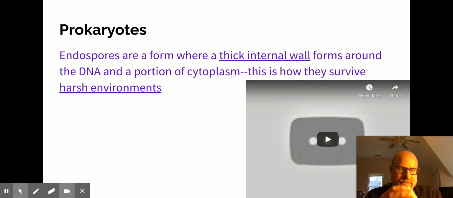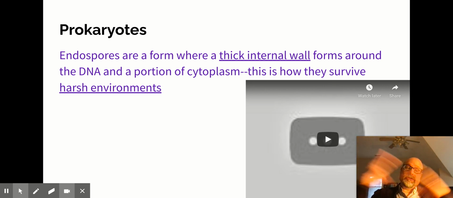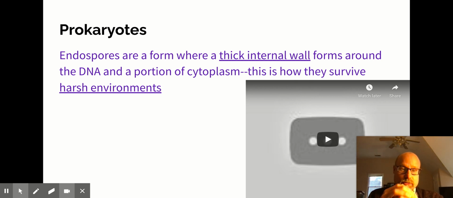They sit there as this endospore for unknown amounts of time, like years, tens of years, hundreds of years. We don't know. They divide unequally, and the part that continues basically gets rid of most of its cytoplasm, most of the things necessary for life, and leaves just a teeny little bit with the DNA.